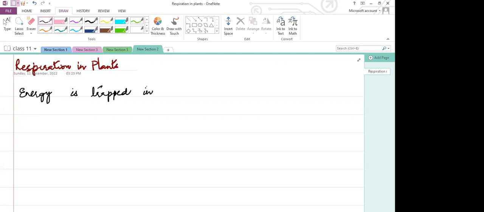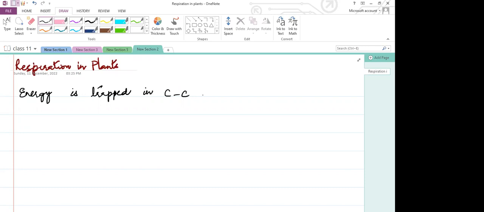I'm just asking, all these you would have learned in your 10th standard. Glucose, any organic substances, in which, how is it trapped? ATP molecules. Loud. ATP molecules.